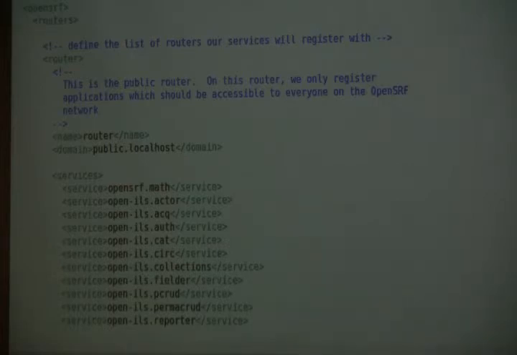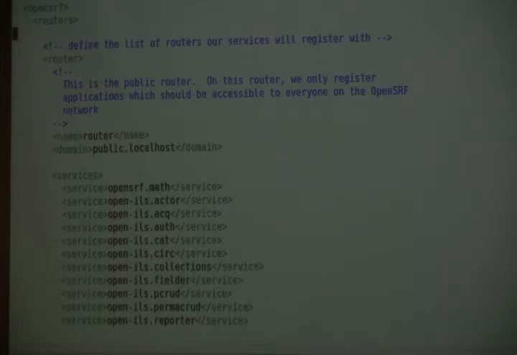I think my first patch that I contributed to Evergreen was removing the need for this separate bootstrap.conf file, which contained mostly the same information that's in this XML file, but they just didn't have time to eliminate the duplication of that configuration. So that was the first thing I did, near and dear to my heart.